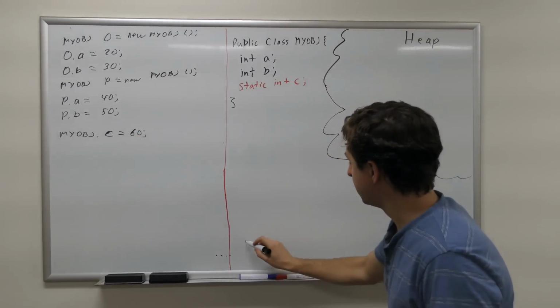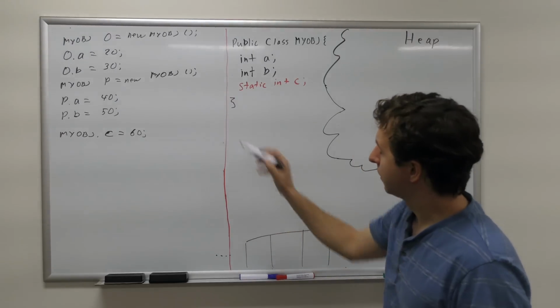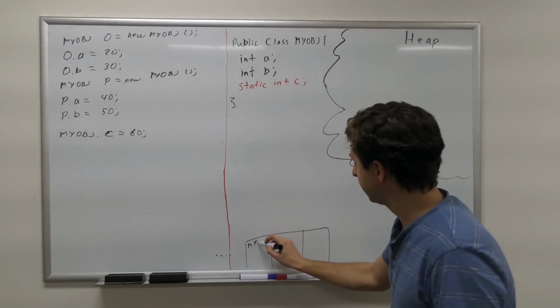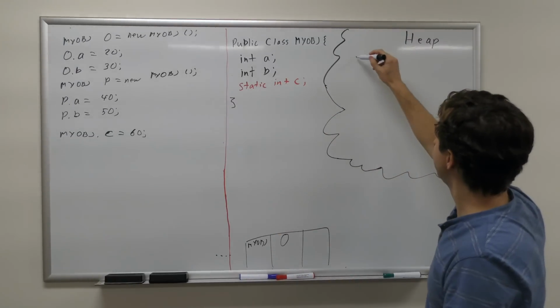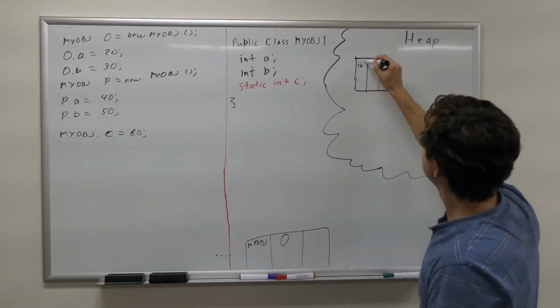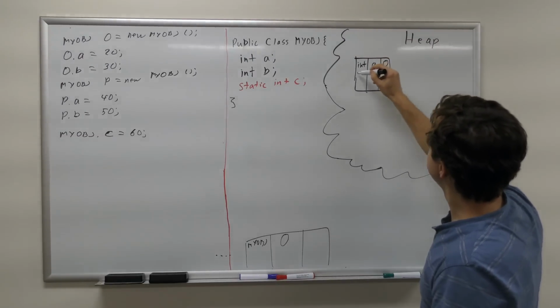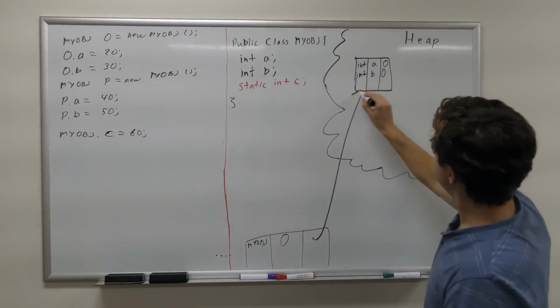Let's just say we're in some method here. And we create a myObject, O, equal to a new myObject, int A0, int B0, that points up there.